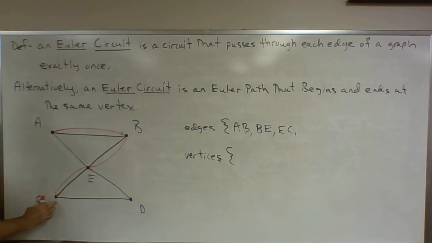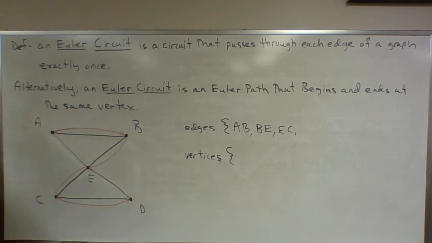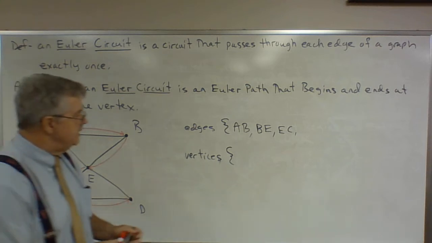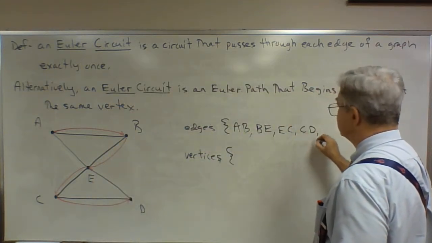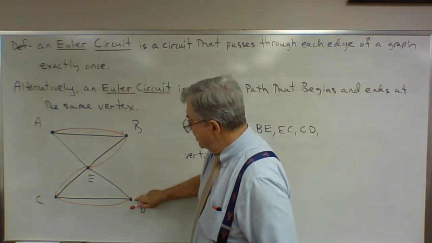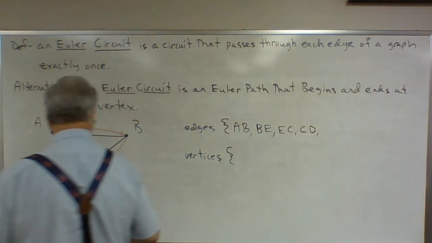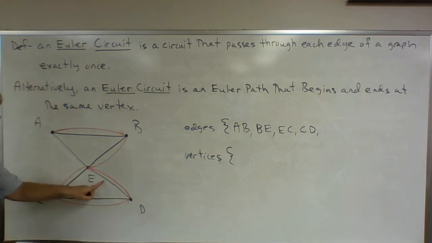And from vertex C, there's only one place to go, and that's vertex D. So I've got the edge from C to D covered. And from here, there's only one way to go. I can go back to E, and I've covered this edge from vertex D to vertex E.